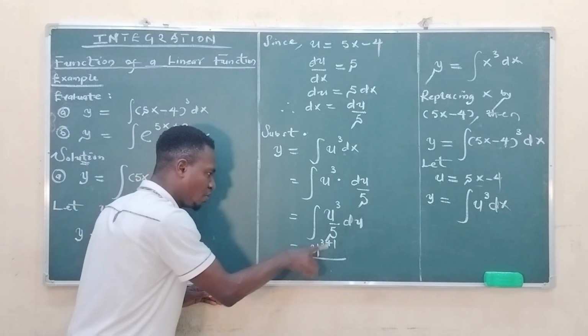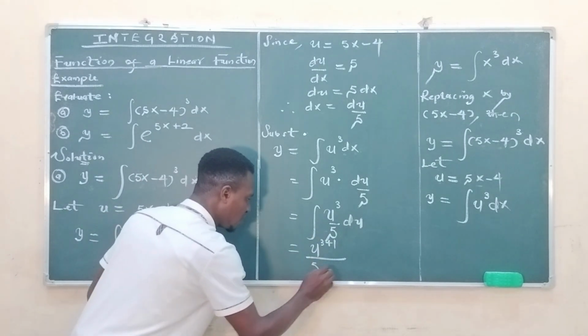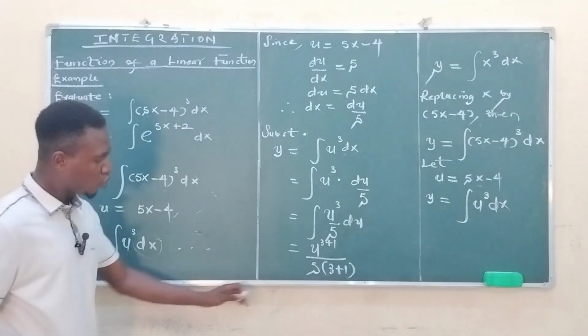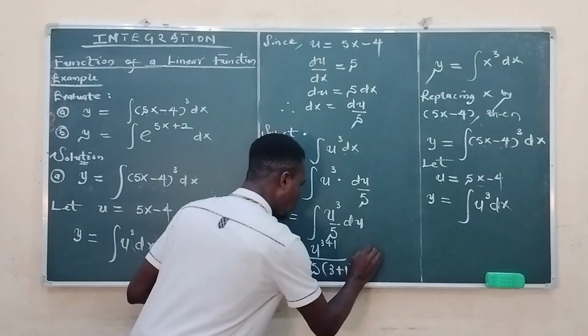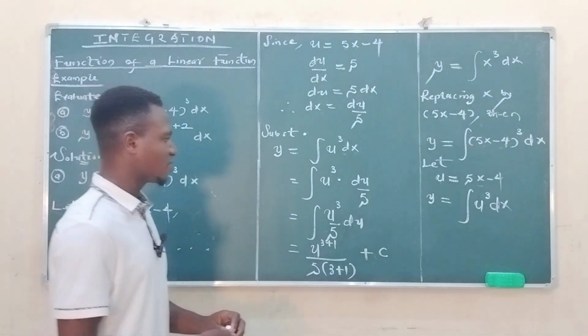But if you look at the denominator here, there is an existing 5. So we just simply multiply by the new power: 5 times open bracket 3 plus 1, plus the constant of integration, to show that we are working with an indefinite integral.